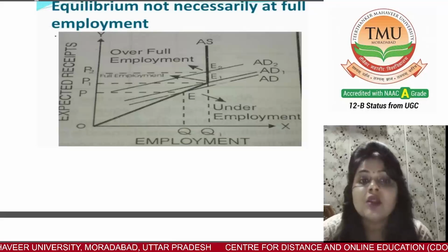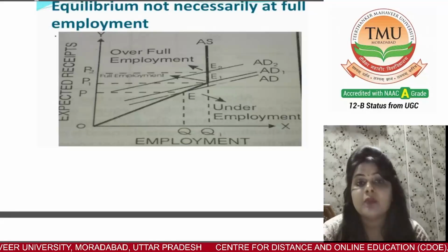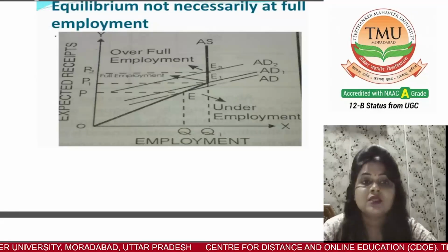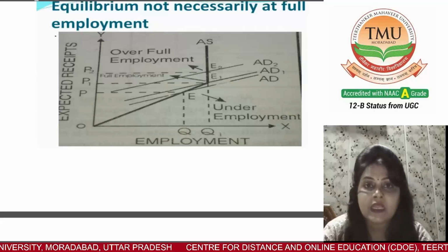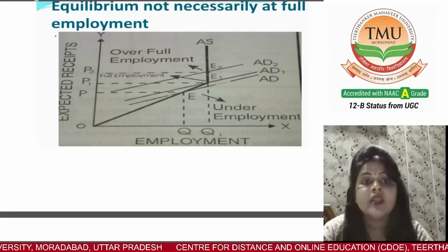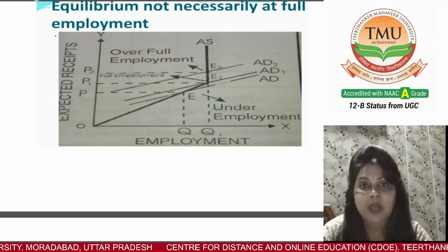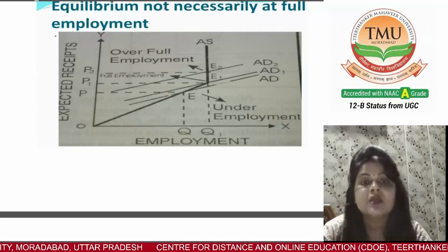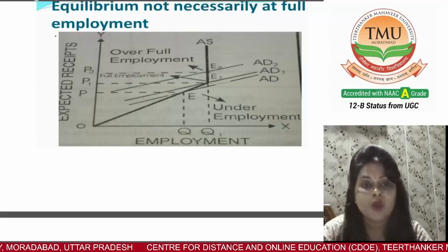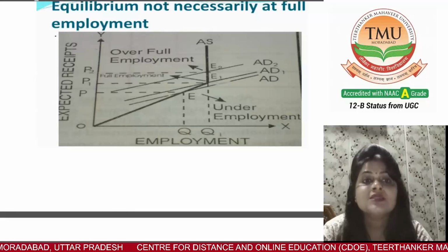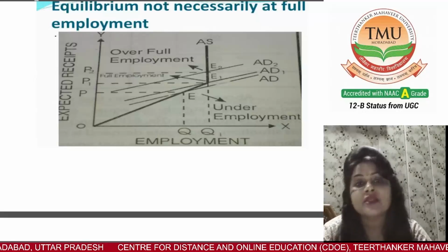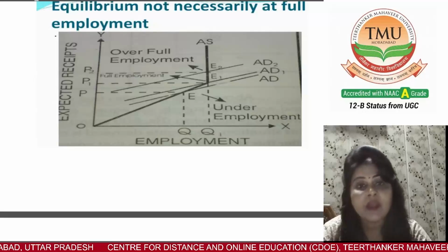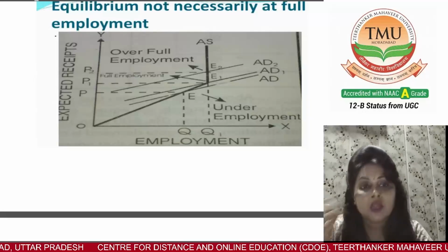This is possible by raising the demand curve, where it intersects the aggregate supply curve at point E1. This is a new point of effective demand which provides an optimal level of employment OQ1 to the economy.